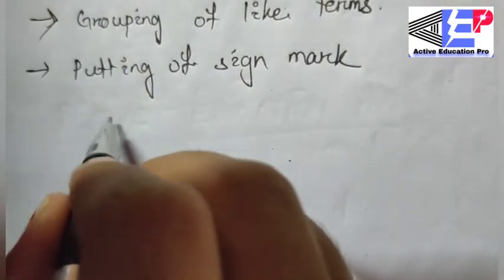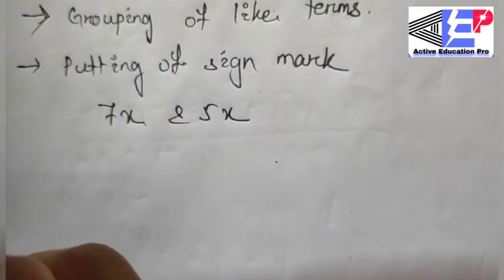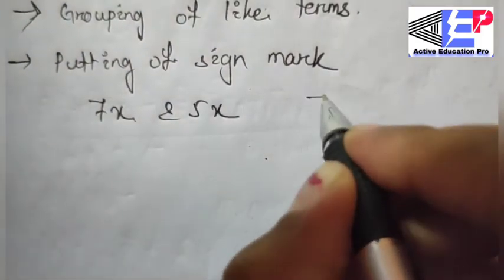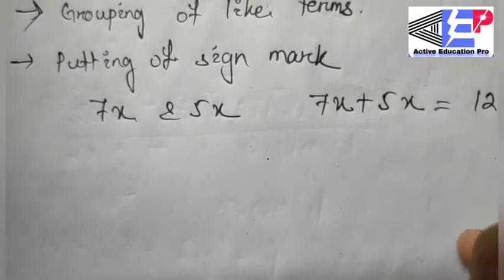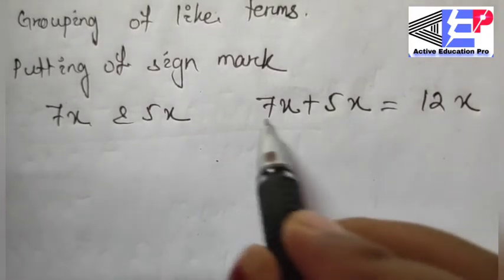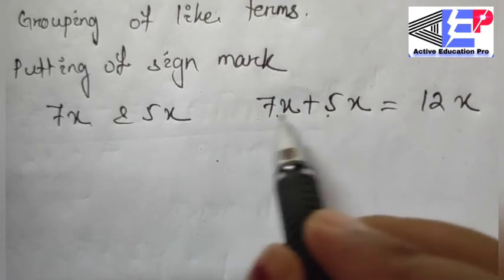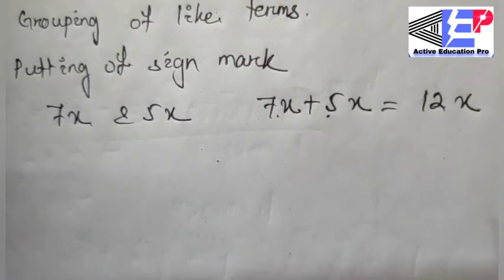For example, we have to add 7x and 5x. Simply we can add it: 7x plus 5x is equal to 12x. Just add the coefficients of both the terms, then put the variable at its right.